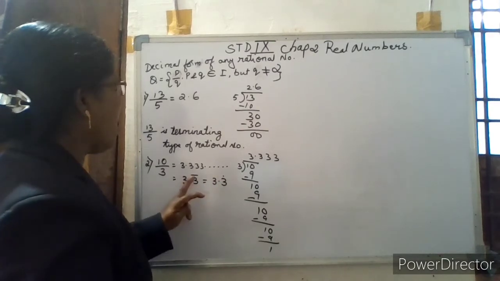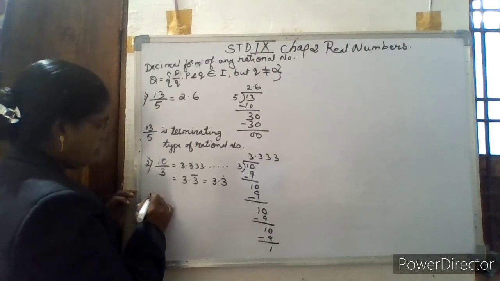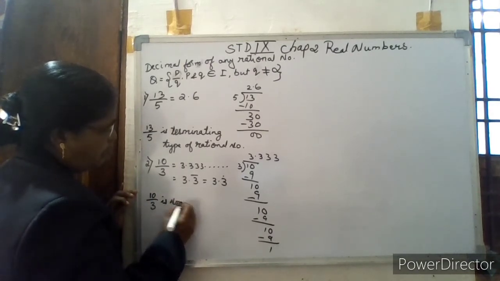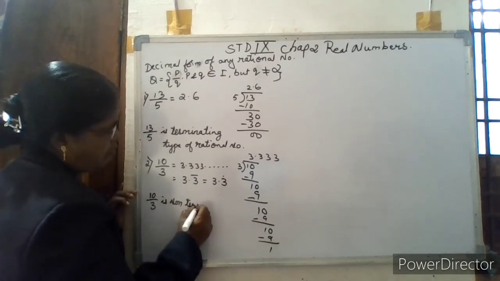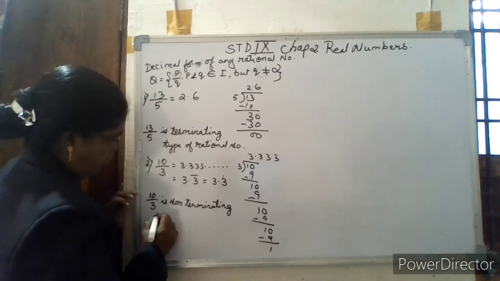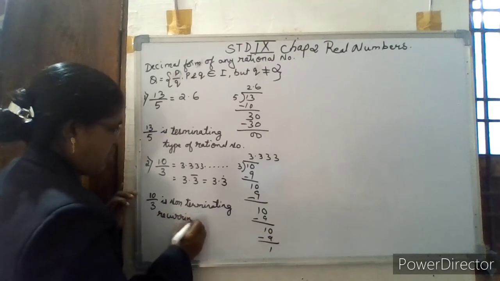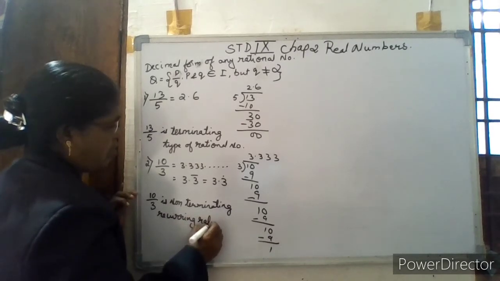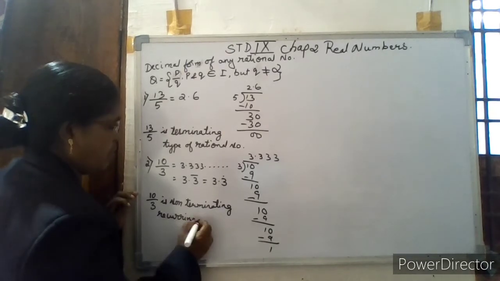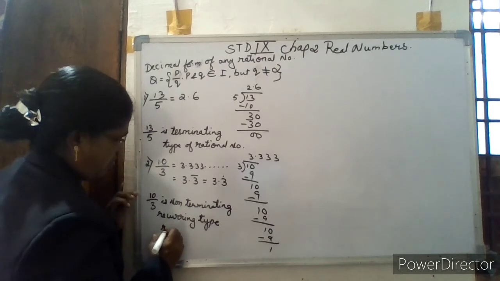Here the bar also indicates 3 is recurring. So 10 by 3 is a non-terminating recurring type of rational number.